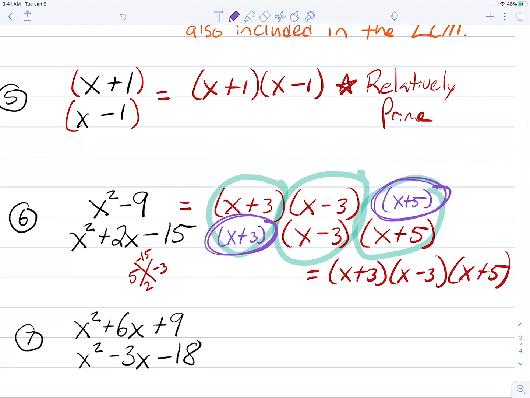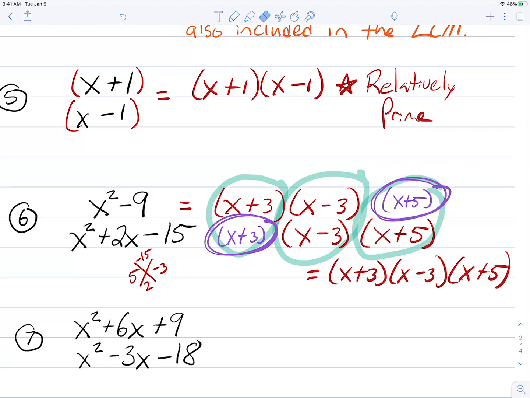They both already have an x minus 3, so they're fine on that one. But if I did multiply those by what I have in the purple, then they would be the same exact polynomial, which is what we want when we're going to come to adding and subtracting with unlike denominators. So we did not have to put two x minus 3's because they already had that in common, so it was just part of our answer.